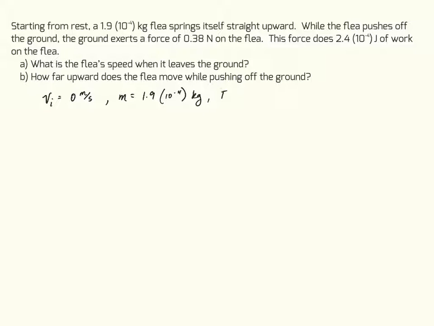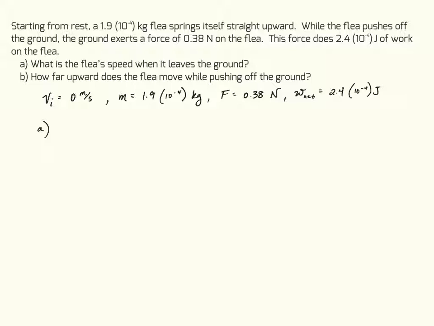We also know what that force applied is. That's 0.38 newtons. And then finally, we know what the net work is, and that's 2.4 times 10 to the negative 4th joules.